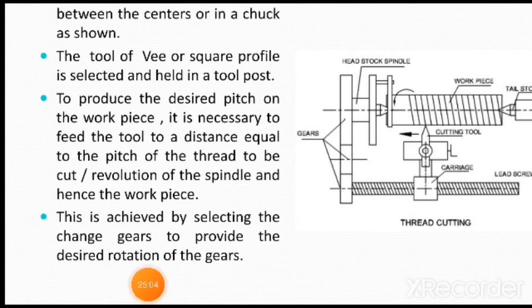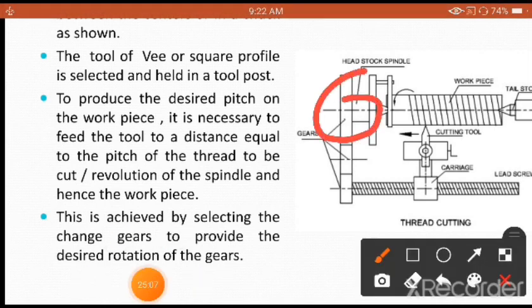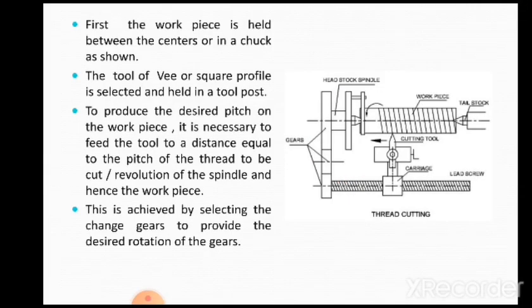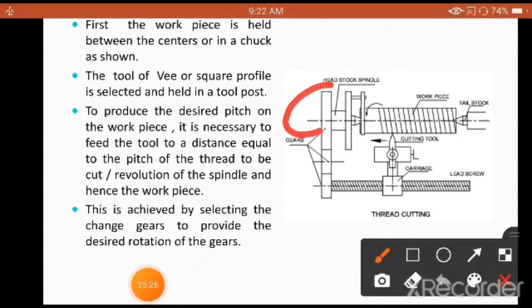These are called the gears. These gears are selected in order to give the required movement for the tool post. That is what we are discussing here. This is achieved by selecting the change gears to provide the desired rotation. We have to calculate the number of teeth of the driver gear, also called the spindle gear, and the driven gear, also called the lead screw gear.